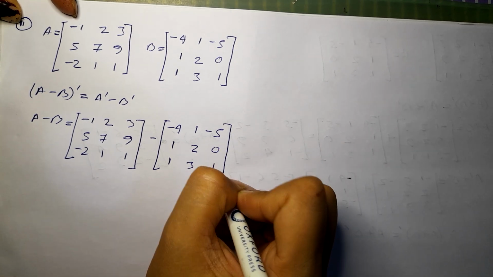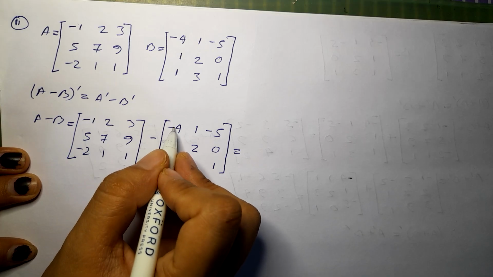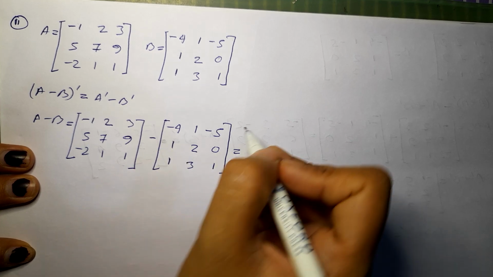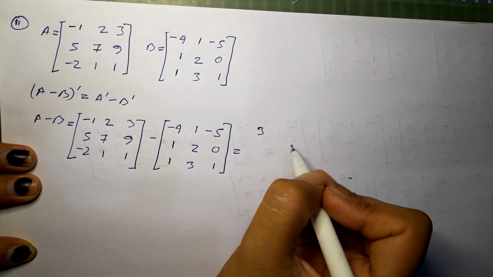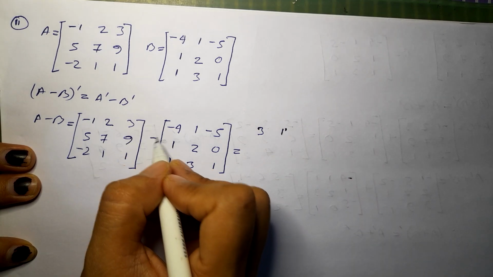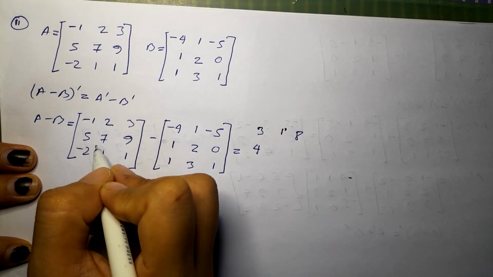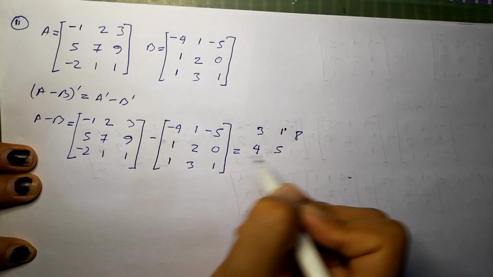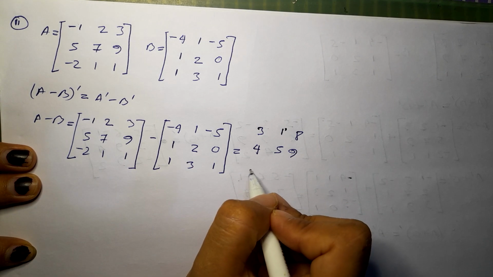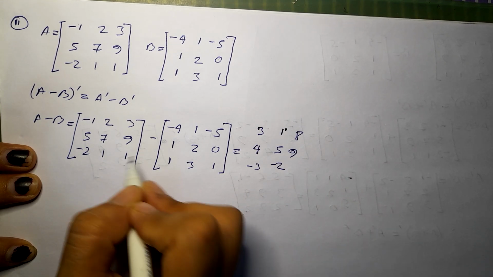Do the subtraction. Minus and minus become plus, so -1 plus 4 is 3. 2 minus 1 is 1. 3 plus 5 is 8. 5 minus 1 is 4. 7 minus 2 is 5. 9 minus 0 is 9. -2 minus 1 is -3. 1 minus 3 is -2. 1 minus 1 is 0.